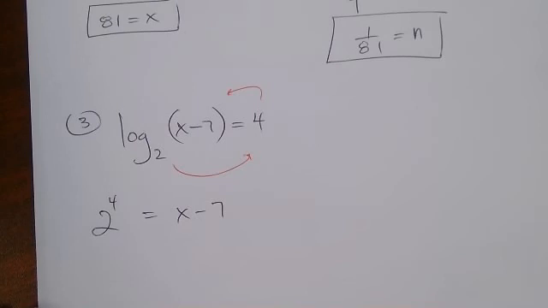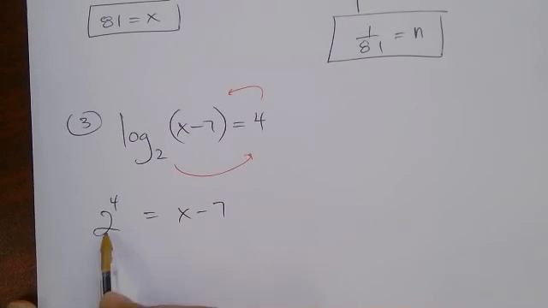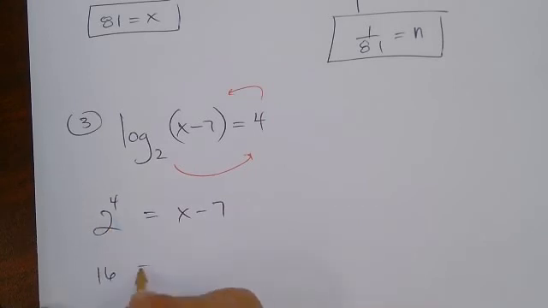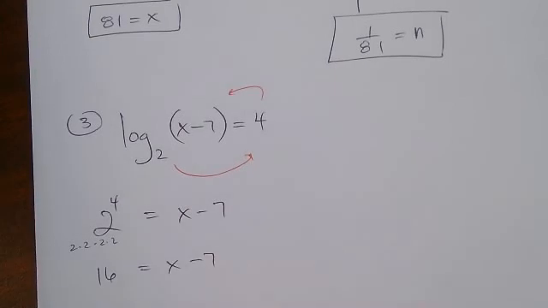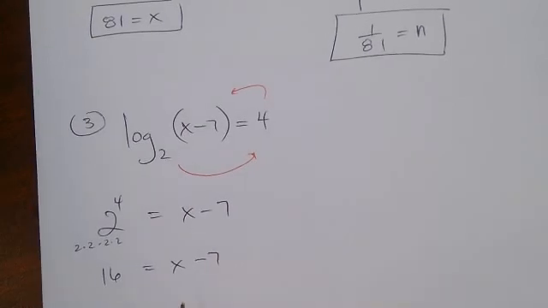See, now this one I've got to do some solving. Here, the variable is not isolated. Okay, no worries. 2 to the power of 4, you better not put 8. 2 to the power of 4? 16, right? 2 times 2 times 2 times 2. 2 times 2 is 4, times another 2 times 2, another 4, that's 16. 16 is equal to x minus 7.